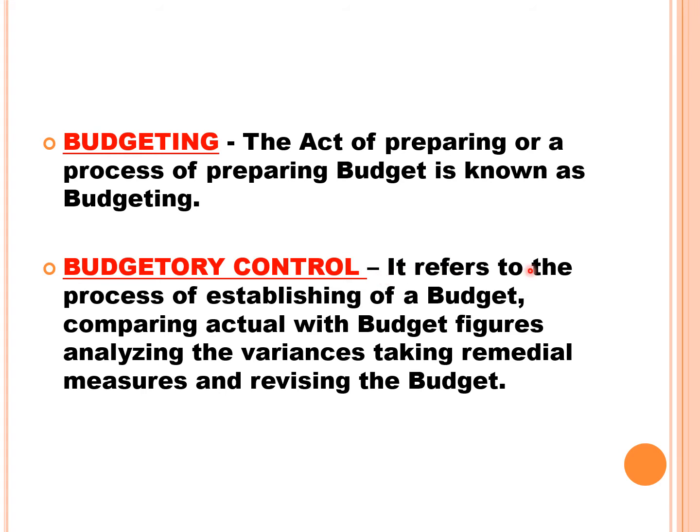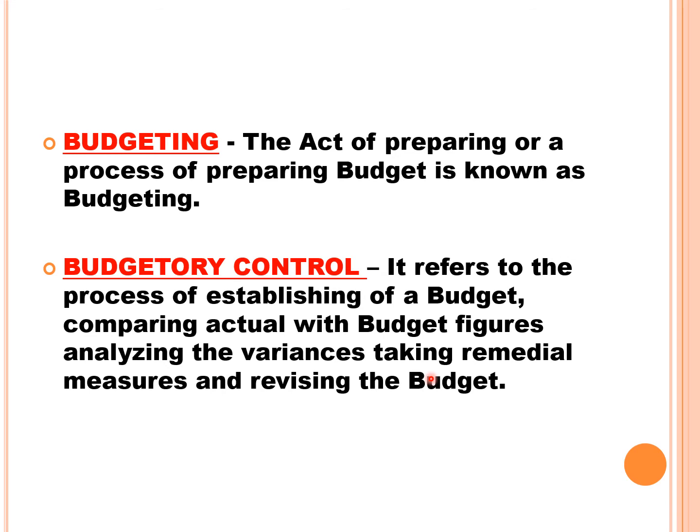So it refers to the process of establishing your budget, comparing actual with budget figures, analyzing the variance, taking remedial measures and revising the budget. See, it's a process, students. First, prepare the budget. Second, compare the budgeted figures with actual figures.